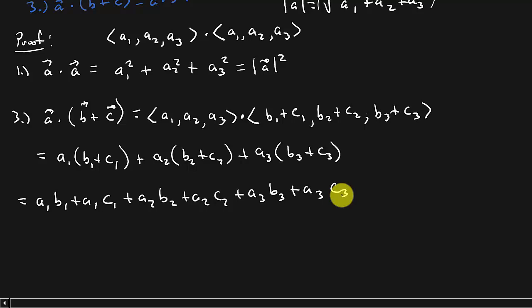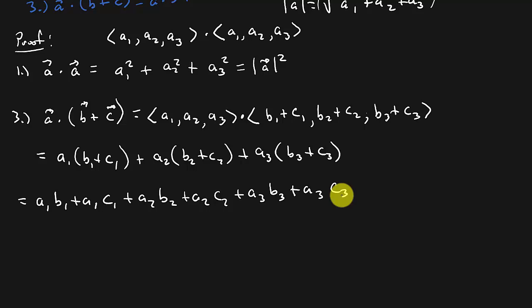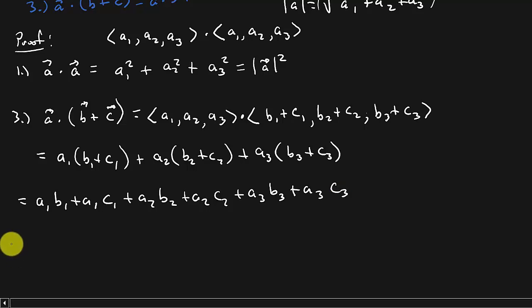So now let's get all the AB terms together, and let's get all the AC terms together. So this is going to be A1 B1 plus A2 B2 plus A3 B3. Okay, so there's that one.